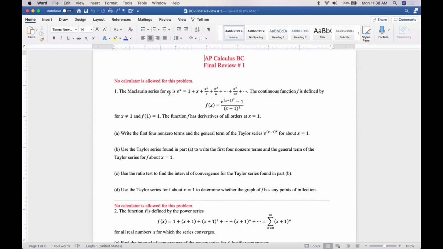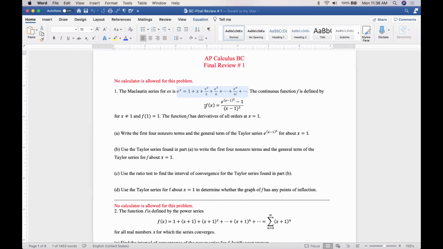The Maclaurin series for e to the x. That's the one that we said to memorize, and you can look it up anyway if you have to, because it's an open book test. So no problem here. This is the e to the x.